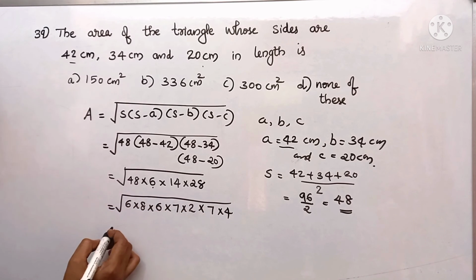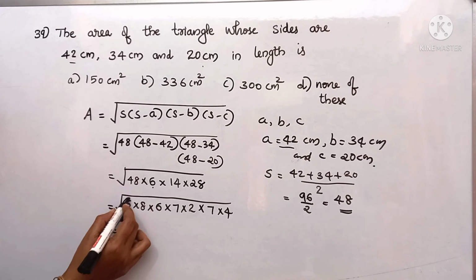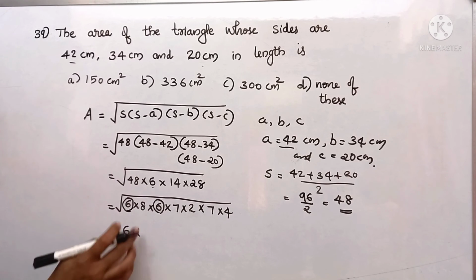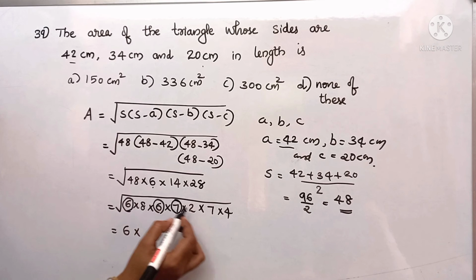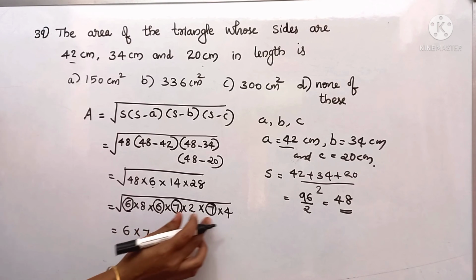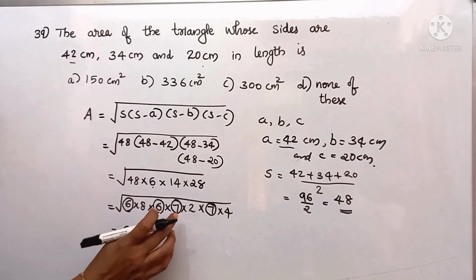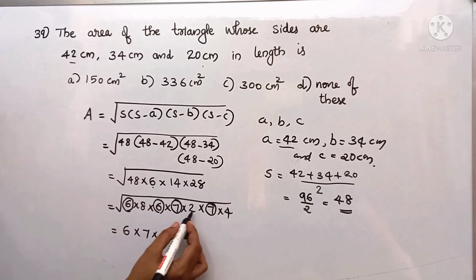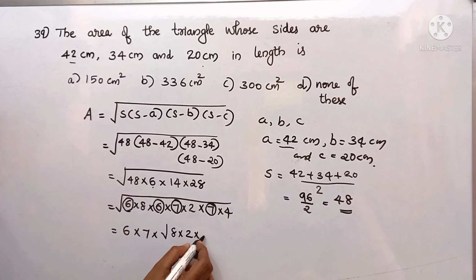Then we can take, here it is 6 and 6, one 6 we can take outside, square root of 6 squared is 6. Then here is a 7 and here is a 7, one 7 we can take outside, square root of 7 squared is 7. Then here remains 8 into 2 into 4.